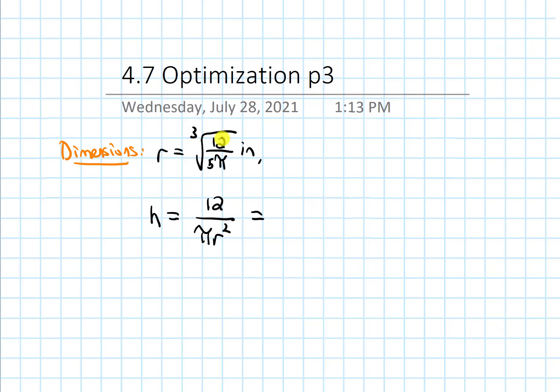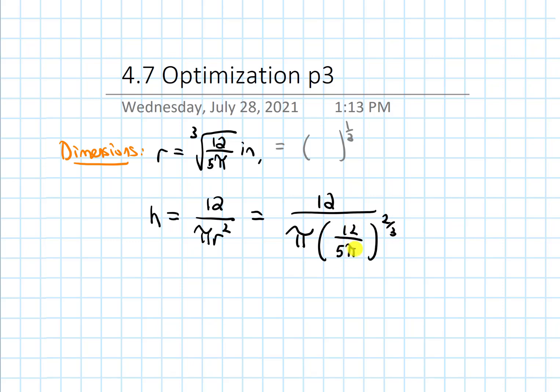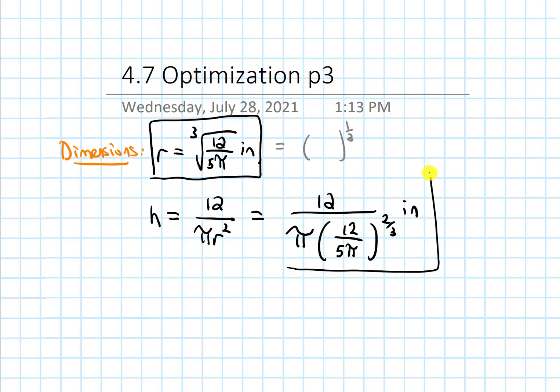So if we plug in our value of r, we get 12 over pi. And then if I think of this cube root as being a 1/3 power, if I square this value of r, the exponents will multiply. So we'll get this whole thing being raised to the 2/3 power. So it's the 12 over 5 pi being raised to the 2/3. And units again are in inches. So this is my r, my radius, and this is my height.